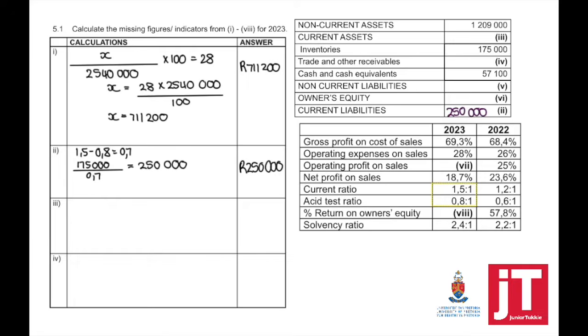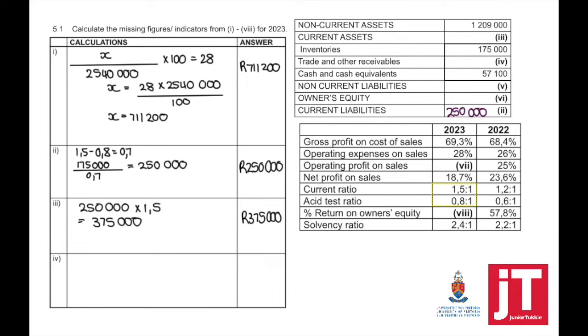Once I've got my current liabilities, I can now solve using the current ratio to find the current assets by taking 250,000 times 1,5, which means that my current assets is 375,000.